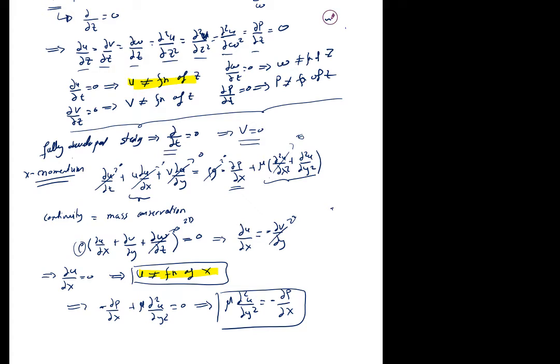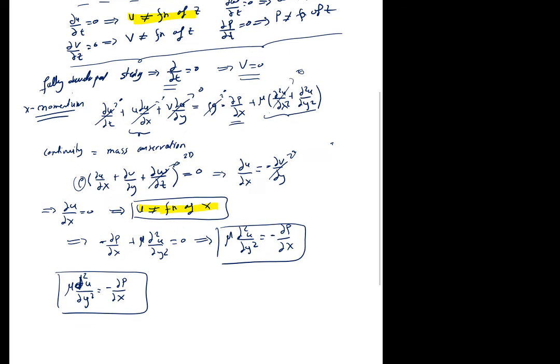Therefore, the partial derivative d squared u by dy squared can be converted to a total derivative. This will allow us to directly solve the problem in the next step by doing a separation of variables. We will move forward and solve the y momentum.